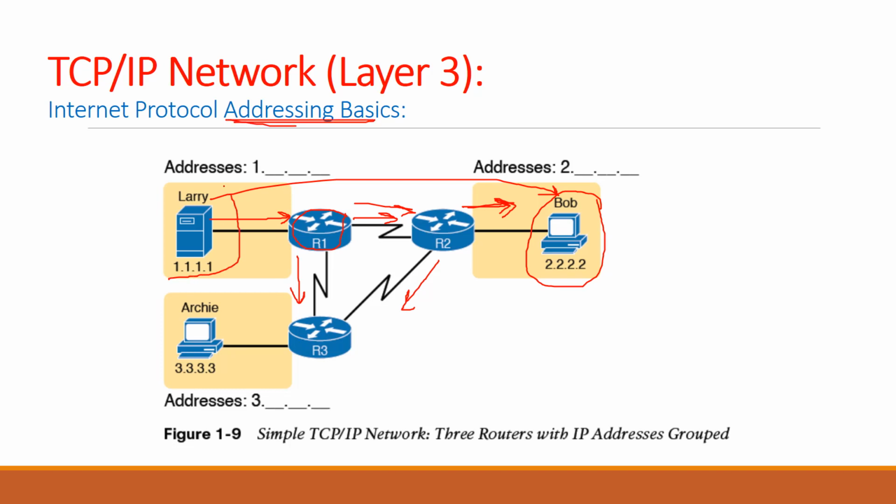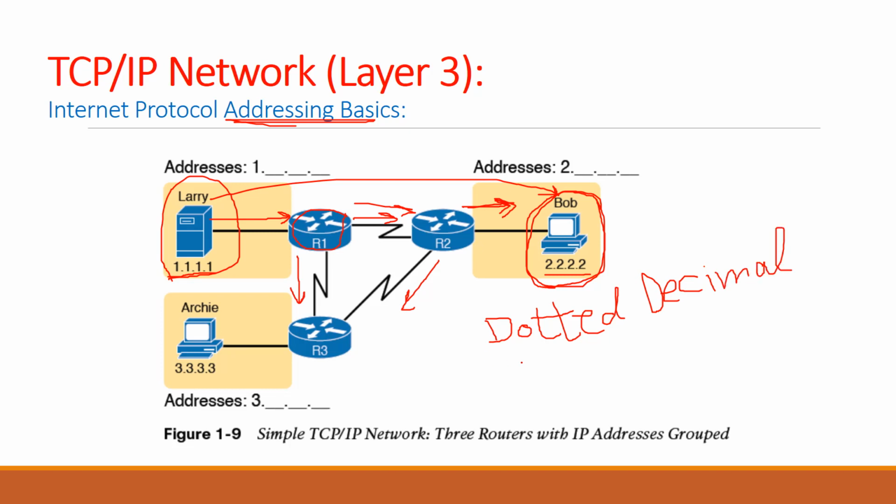where each device has something called an IP address. As you see here, Larry has 1.1.1.1 and Bob has 2.2.2.2, and this address is represented in the dotted decimal format.